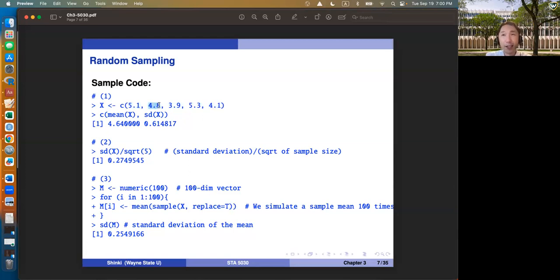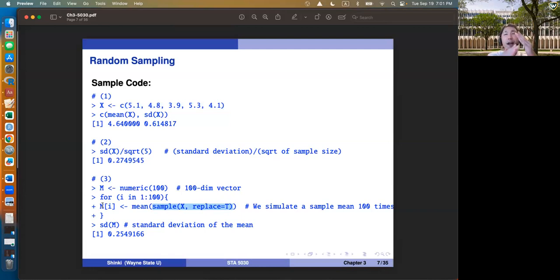That is a natural assumption if we only have this data. So we just simulate new observations based on existing observations. That is what this code does. Then we take the mean and record it, and we can simulate the sample mean 100 times.